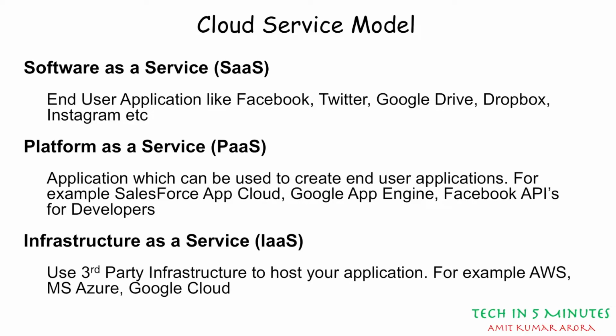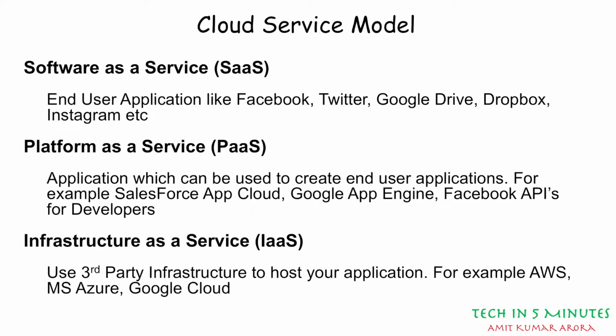The difference between software as a service and platform as a service, if we give you a simple example: for Facebook, we are end users and we are using it as software as a service. But if a developer is developing a game or an application on Facebook by using Facebook's API, for that user, Facebook APIs are platform as a service, because Facebook is giving you an interface to develop your own applications or games which can be used on Facebook.